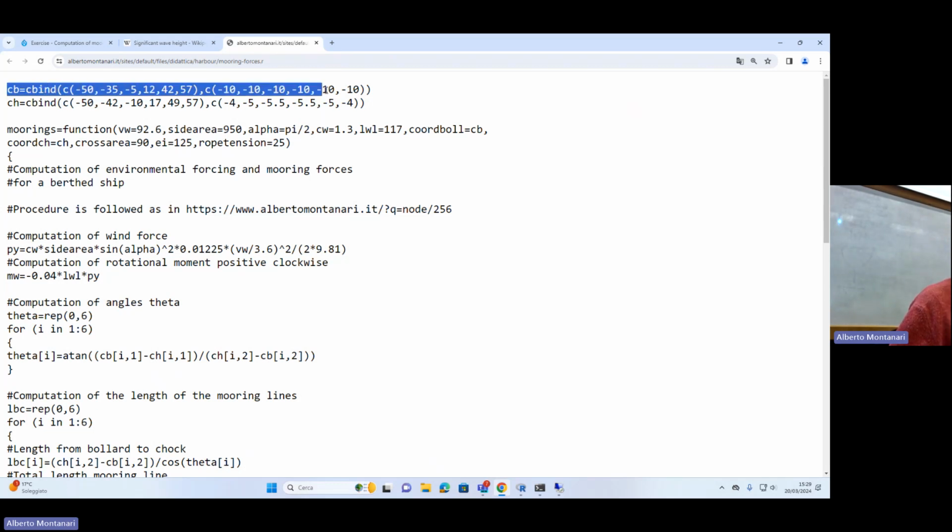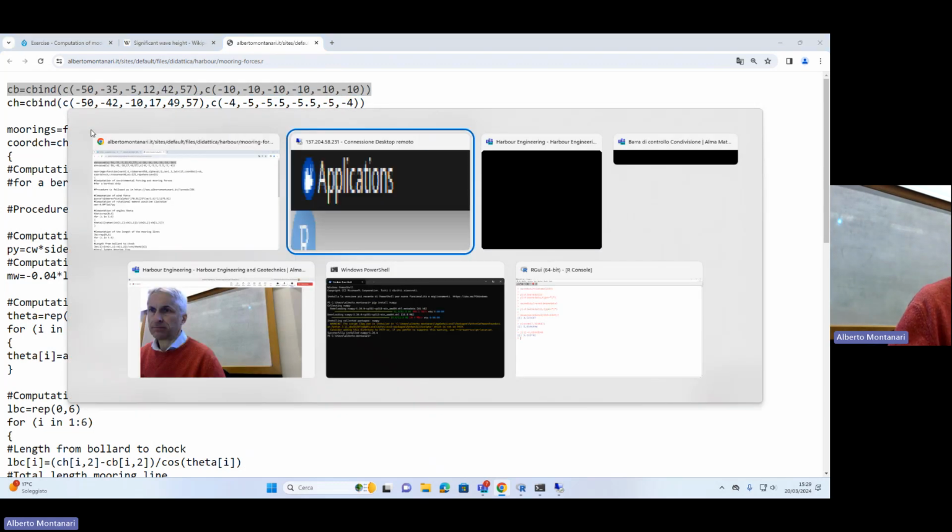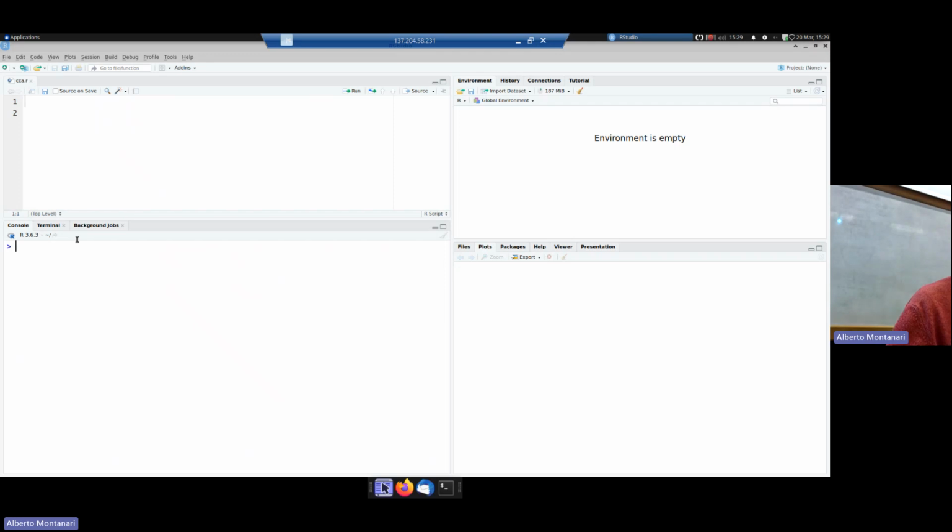So let me just copy this instruction, and I can put it into the console. The console, not the script, because this is just an instruction to be given once. So here I am pasting. It doesn't take it, just 1 second, and let me understand why.